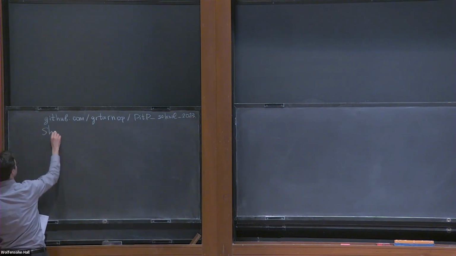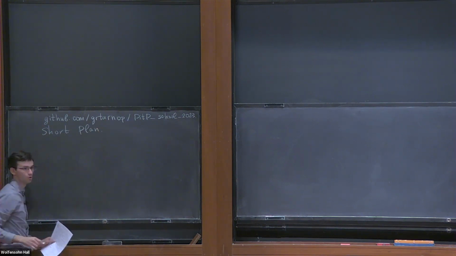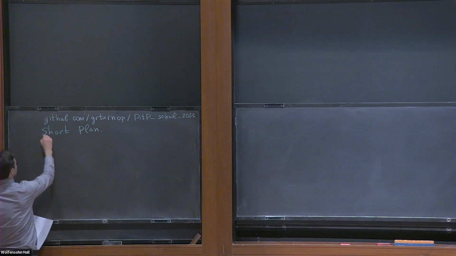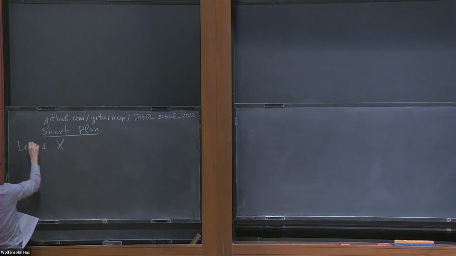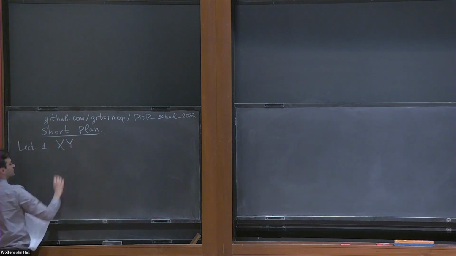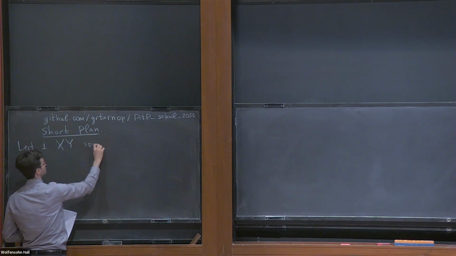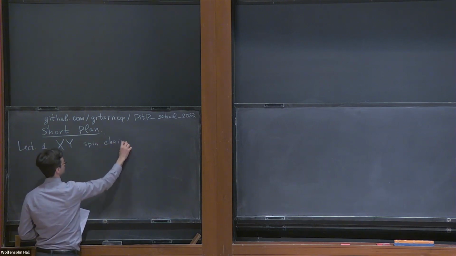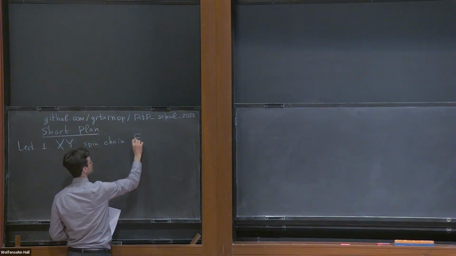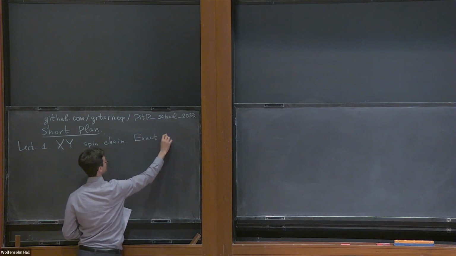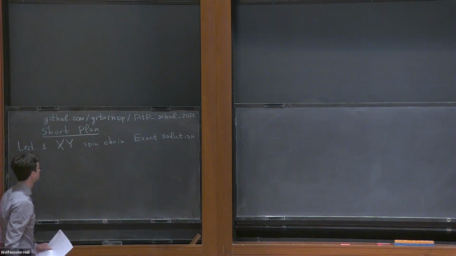I'm going to start today, lecture 1, with maybe the simplest model, the simplest spin chain, the XY spin chain, homogeneous spin chain. I'm going to show how to solve it exactly theoretically, the exact solution.